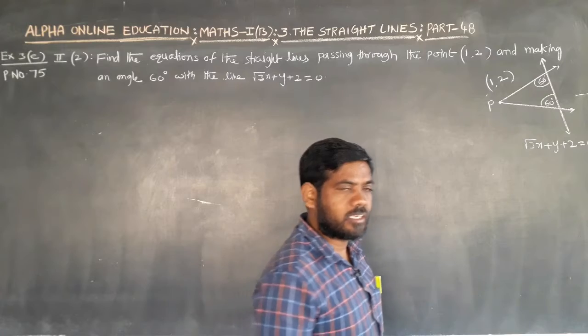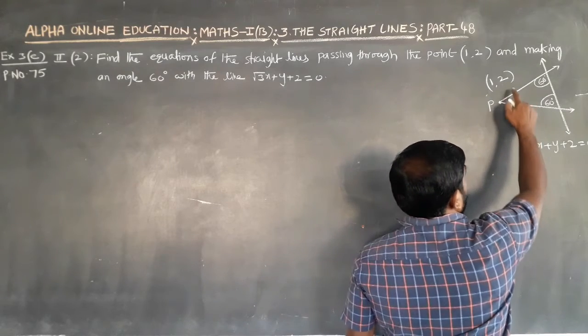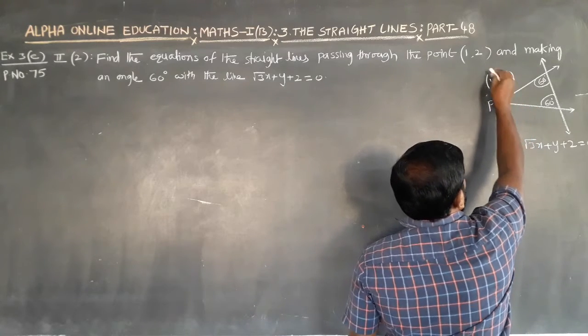So observe here, two lines are passing through the point (1, 2).